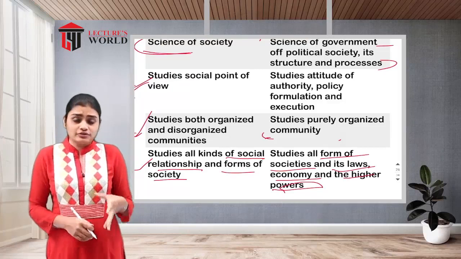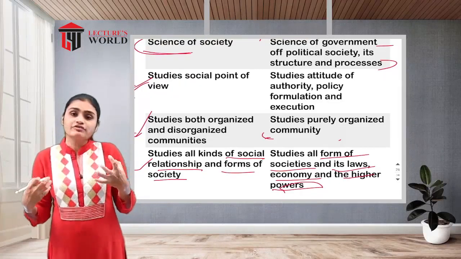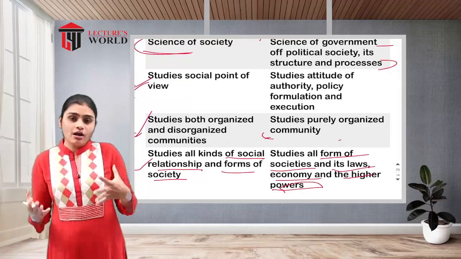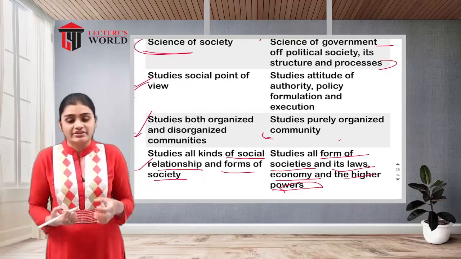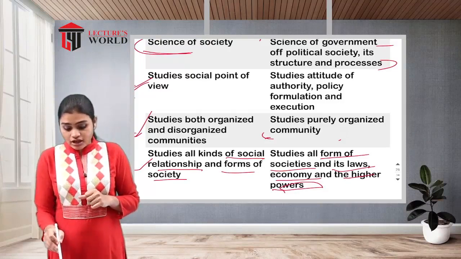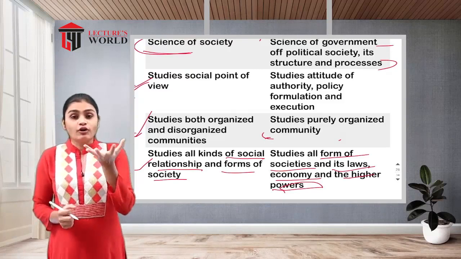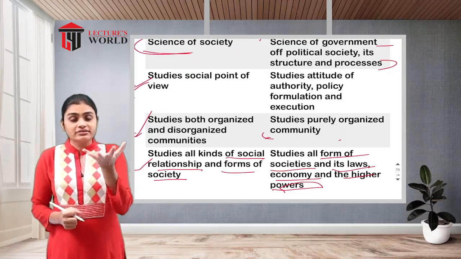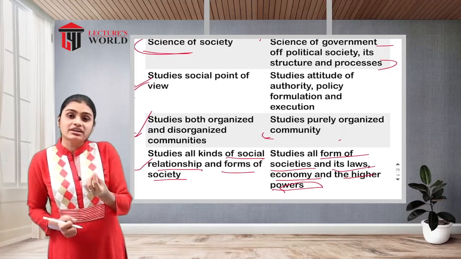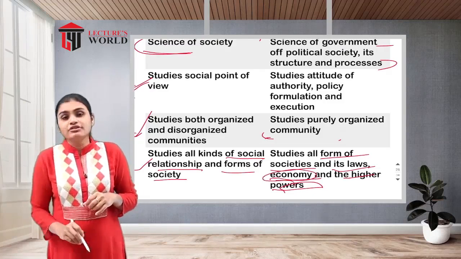In sociology, we learn about social relationships and forms of society, which types of societies we have and what relationships we have in them. Whereas political sociology studies all forms of societies and their laws, on what laws they are working, on what legislation the society is running, and the economy of that particular society.